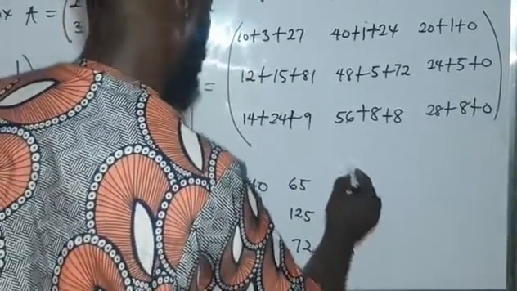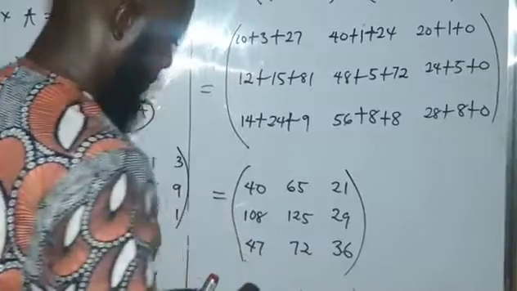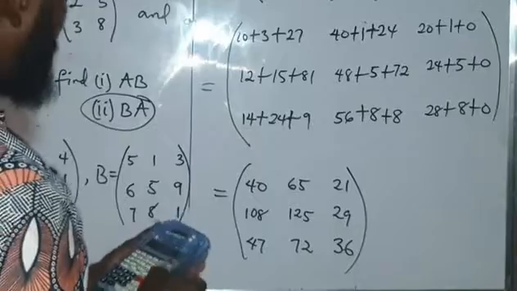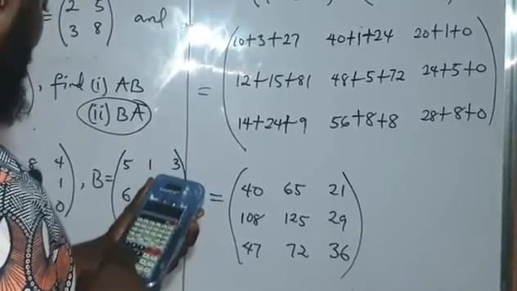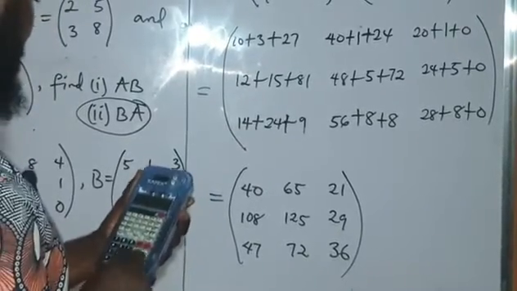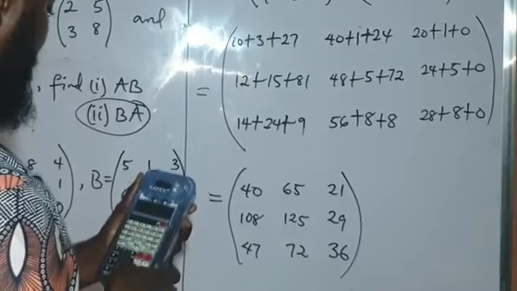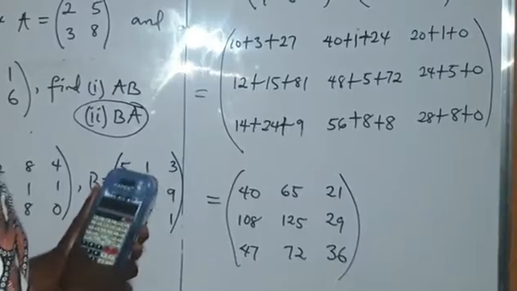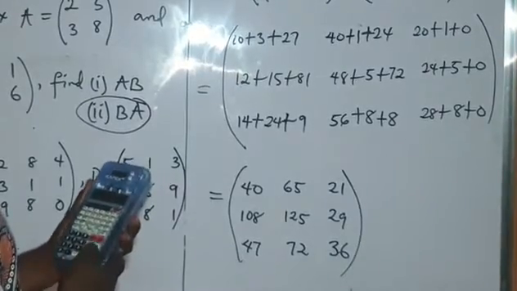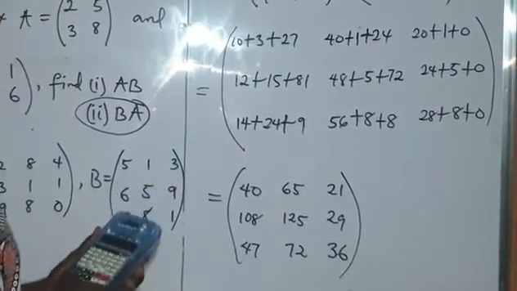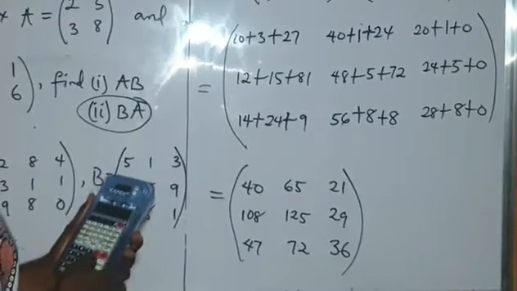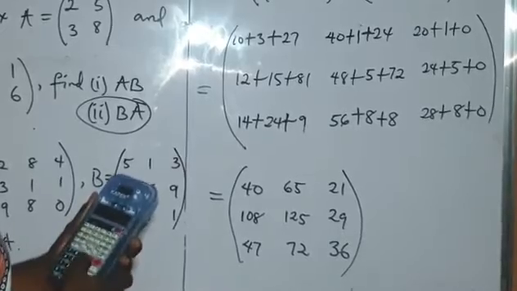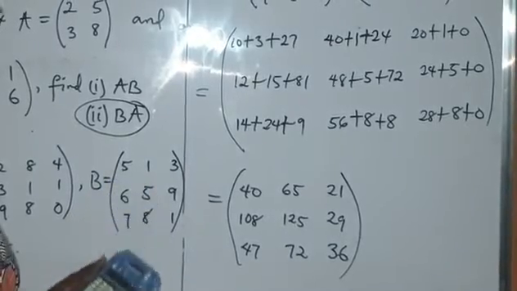So let's confirm it with a calculator to be sure. 13 plus 27, that's 40. 41 plus 24, 65. 21 is correct. 12 plus 15 plus 81, that is 108.